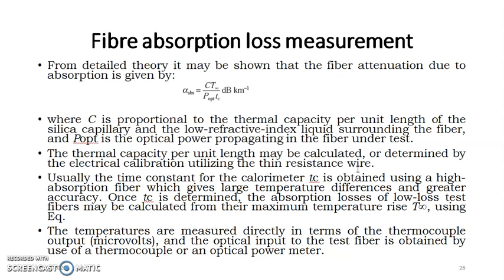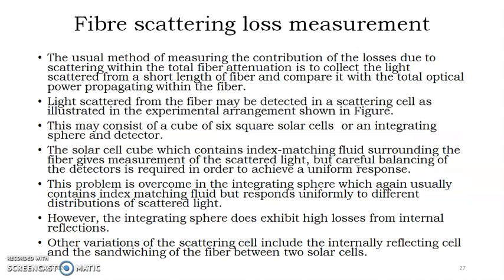We can obtain the attenuation, alpha, that is the absorption taking place inside the fiber, equal to C times T infinity divided by P output, the optical power, and Tc, the time constant. C is proportional to the thermal capacity per unit length of the fiber. That's how we can obtain the attenuation in a given fiber.